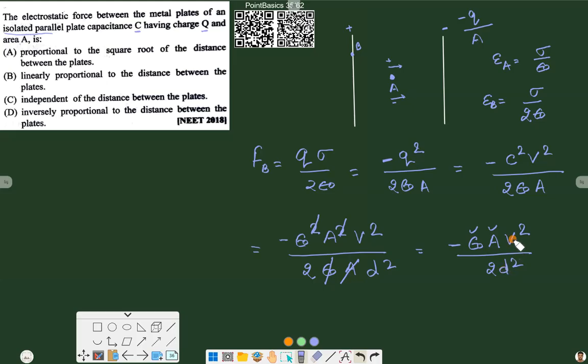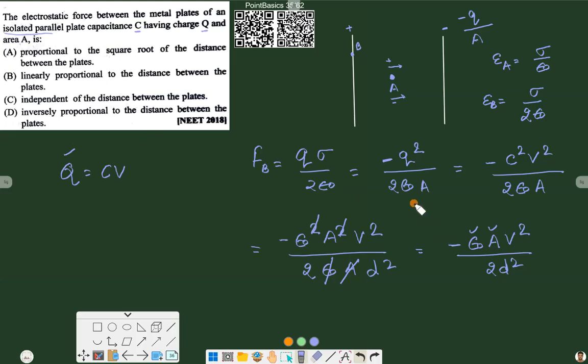If we have two types of variables, what we can do here is use Q is equal to CV. In this scenario Q is constant because it is disconnected from the battery, and C will not be constant because we are moving the plates and varying the distance.